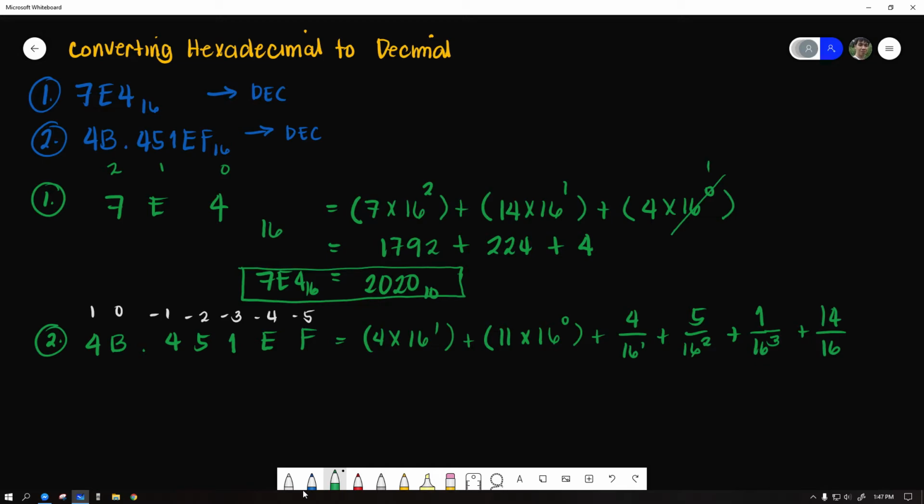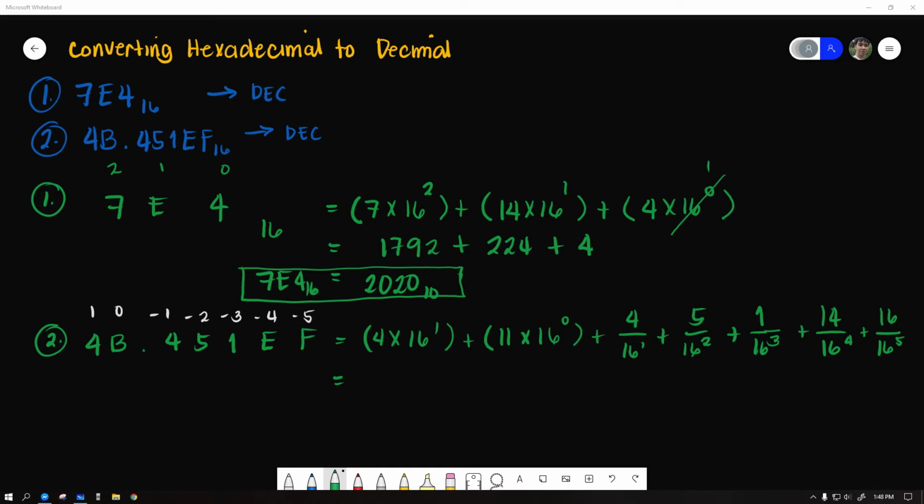Then 16 to the 4, plus f is 15, right? 15 divided by 16 to the 5. Okay. Then you add, so try to compute.